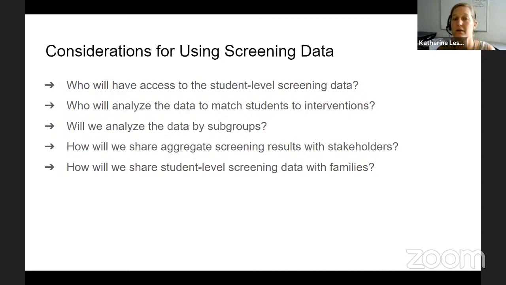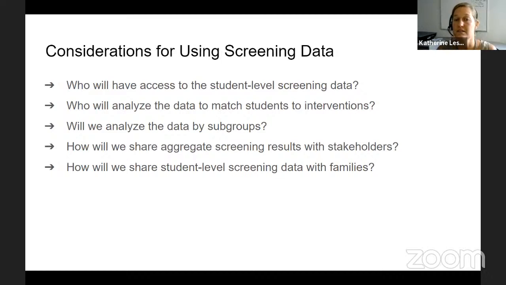How will the data be analyzed by subgroups? And that also speaks to avoiding bias in the screening process. If you notice certain trends, what is this telling you about your process? Is there room for improvement to make sure that students aren't being over-identified or under-identified?